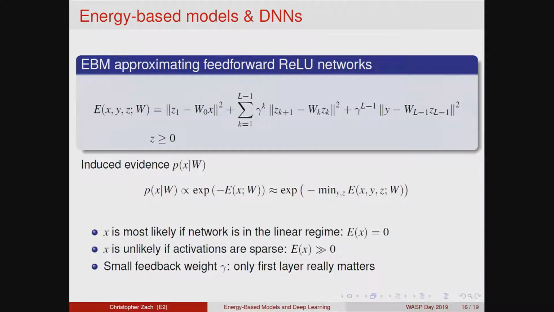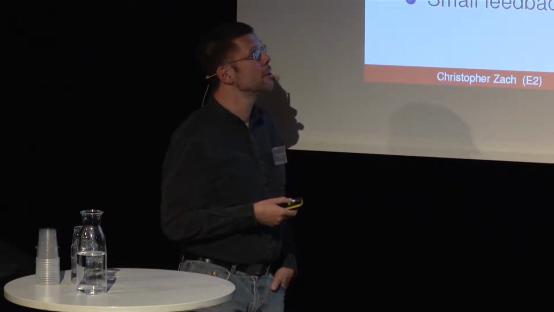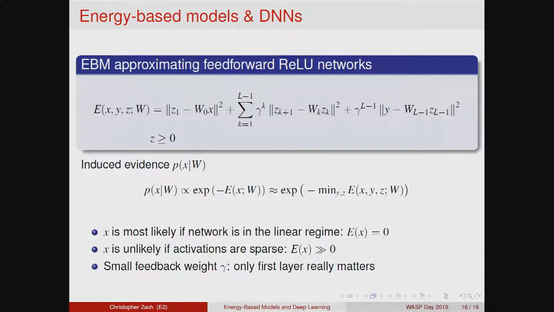If the activations are very sparse, then the energy is high, and this data does not look very likely, which is also sensible because very few neurons or units will be active, meaning very little computation is actually happening.